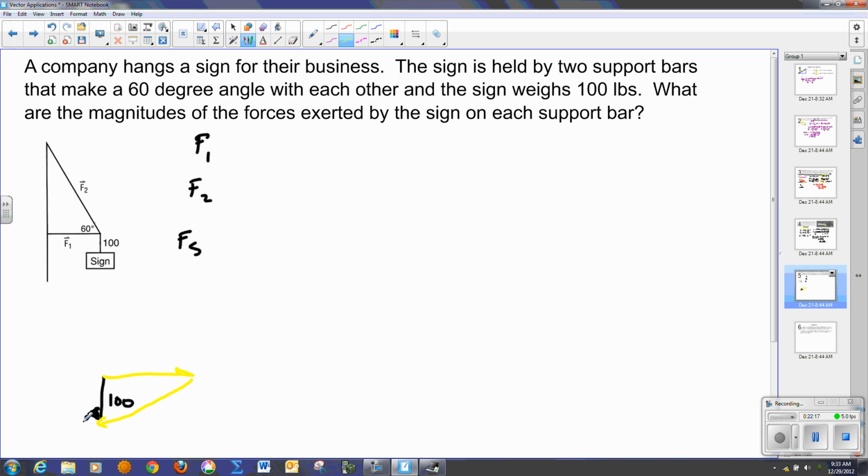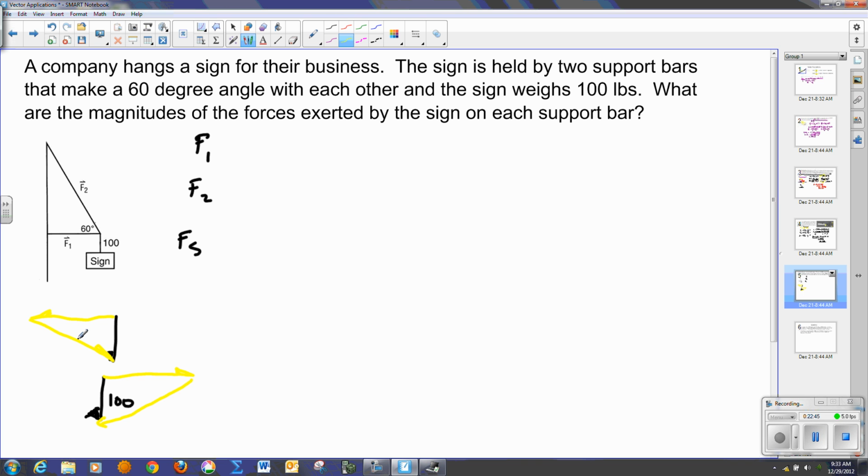Or another way we could represent this is we could say, in order to get my magnitude of 100 going straight down, I'd have to have a force going to the left and a force going down this way, going tip to tail.